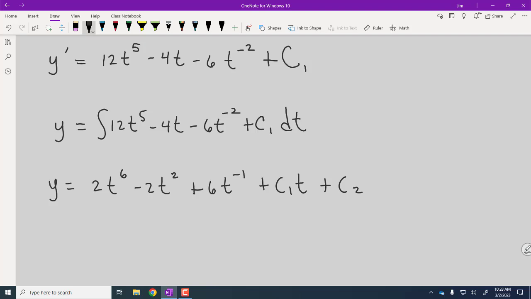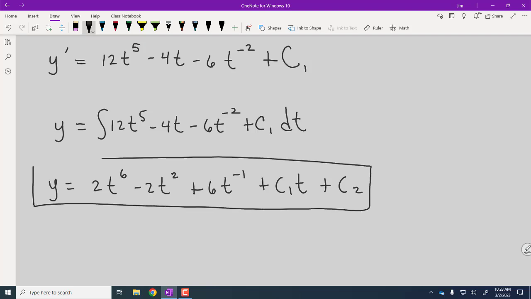That is our solution, our general solution. So once again, with the general solution, we're going to see that you have constants. If it's a second order, you'll have 2 constants of integration. And if you wanted to resolve them, you'd need some initial value, a couple of initial values.